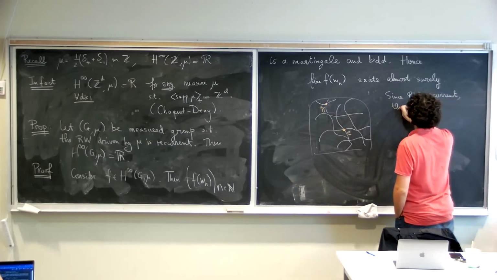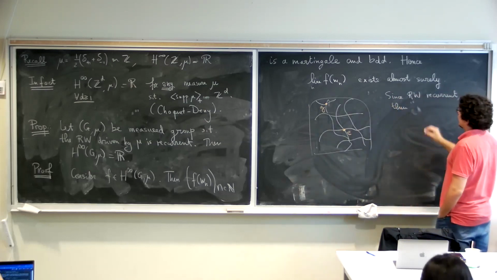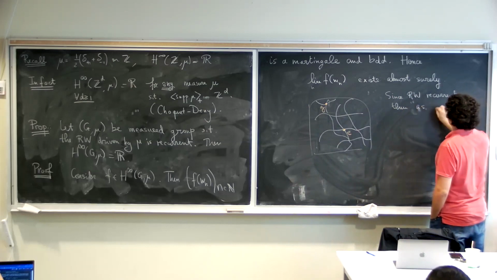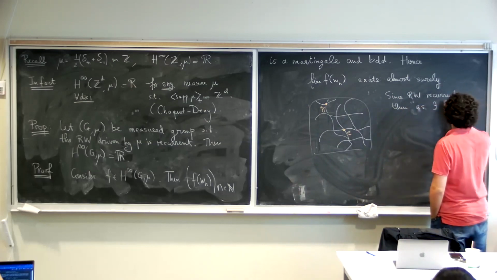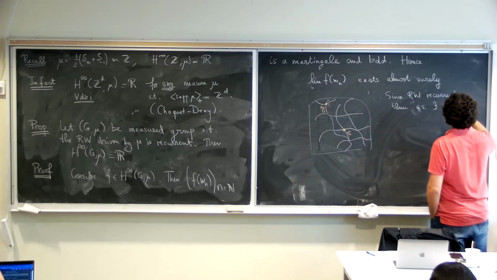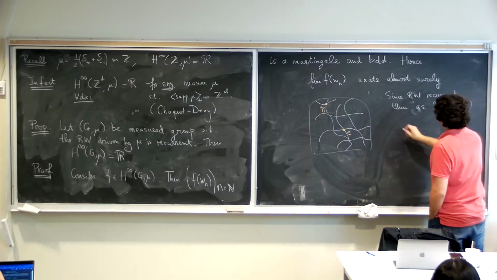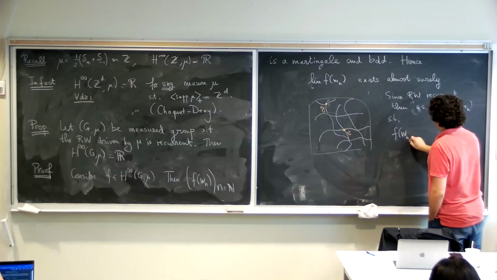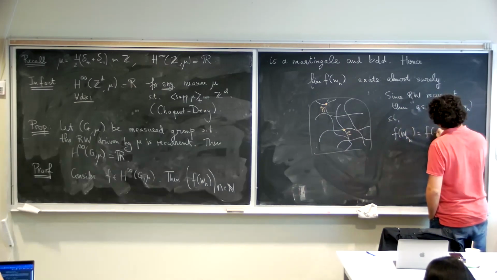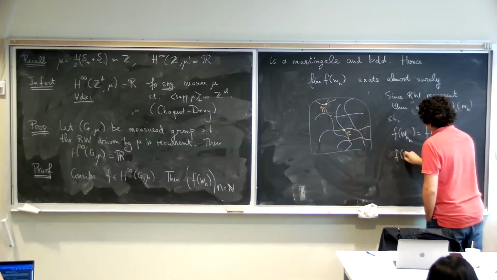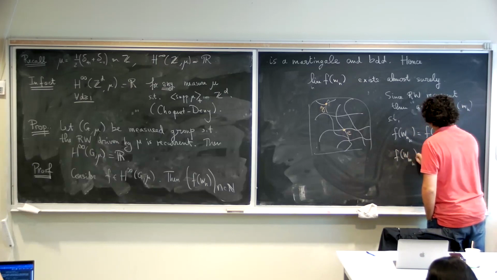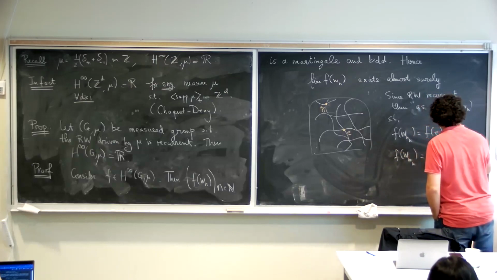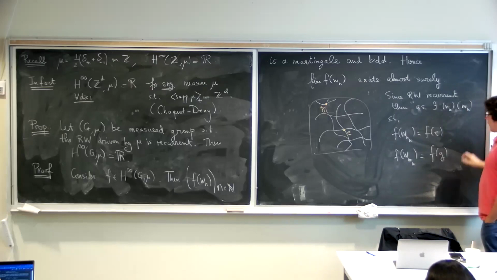So almost surely there exist two sequences n_k and m_k such that f of W_{n_k} equals f of e, and f of W_{m_k} equals f of g, for every k.